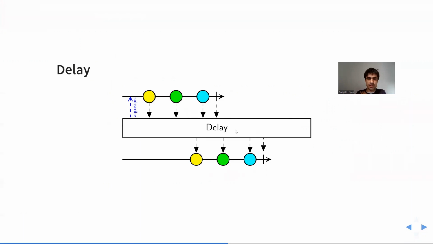So you specify some delta t value, and then it basically receives those elements as they come in, but it applies a fixed delay that you specify to each element, so that the source sequence is actually shifted in time by the time interval you specified here. But otherwise, all the elements arrive in the same order, with the same timing, but just everything is shifted, including the termination event.